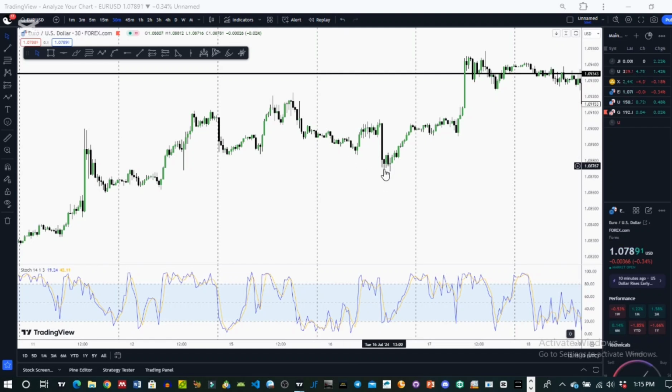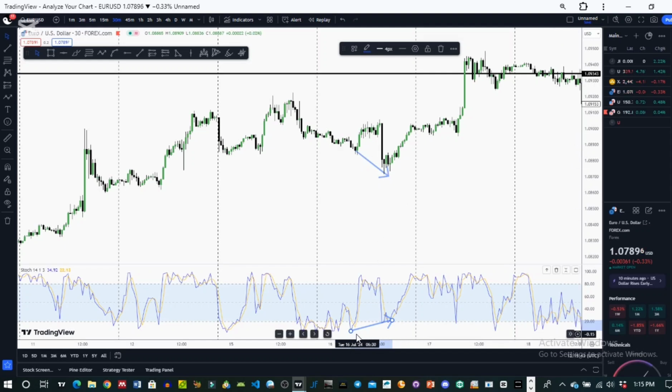It began to have some little consolidation here and pushed up, but you could see that the direction of the market is so, but the indicator, which is the stochastic, is in the opposite direction. So you have price moving in this direction and you have the stochastic moving in the opposite direction.